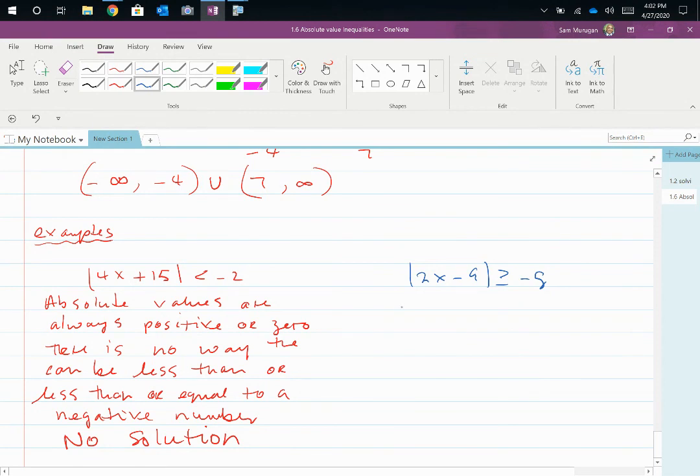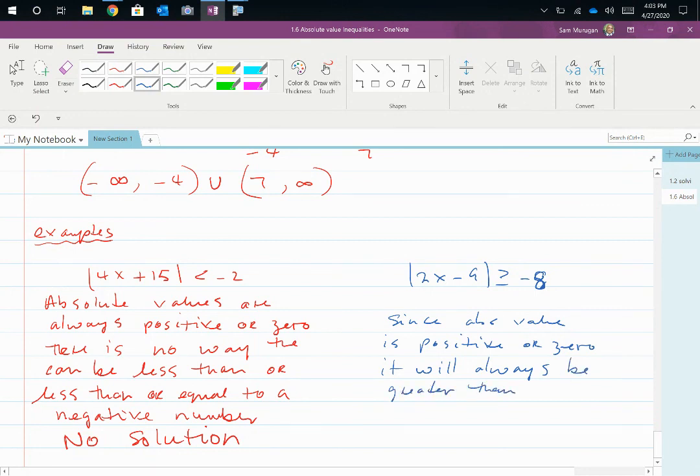Now, since the absolute value is positive or 0, it will always be greater than a negative number.